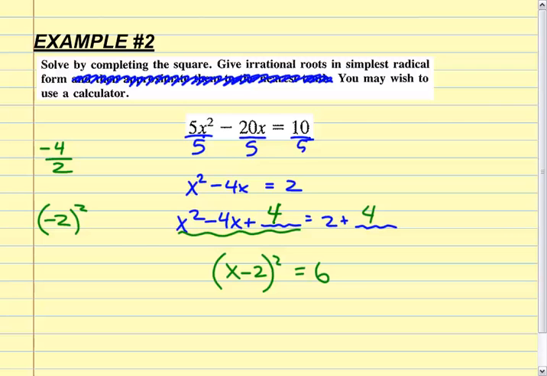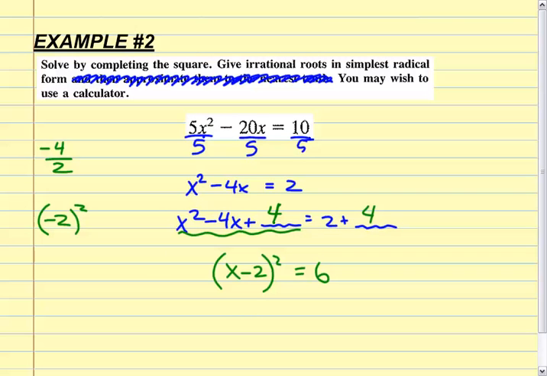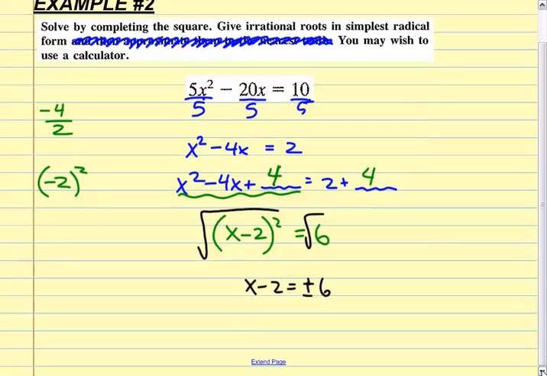Okay? Now, I have a problem that looks like problem number 1. So I'm going to take the square root of both sides. Square root of this side, square root of that side, and I'm going to get x minus 2 is equal to plus or minus root 6.